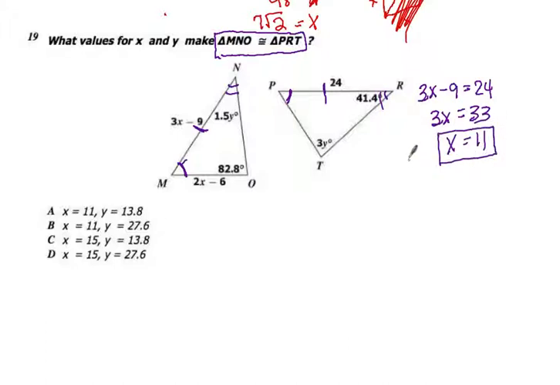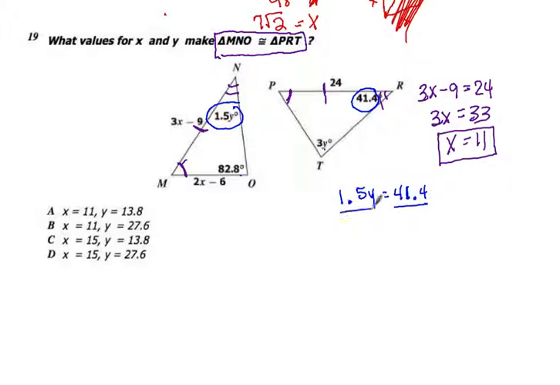Now we need to find y. We have this y right here, 1.5y, 2 slashes, is congruent to this right here. Where we have t is congruent to that one. Either way, t is congruent to, just set them equal to one another. So 1.5y equals 41.4.